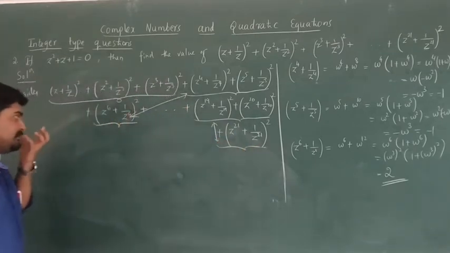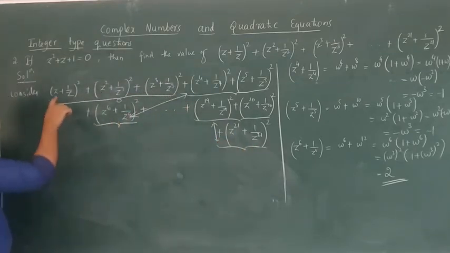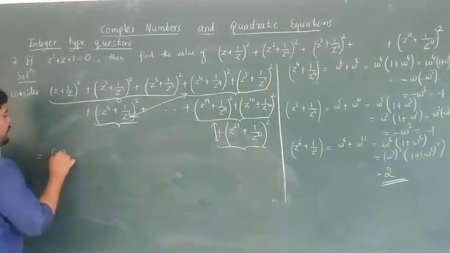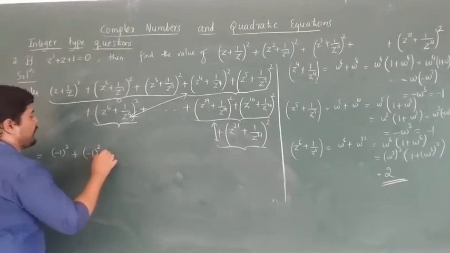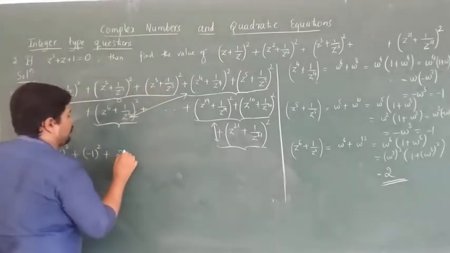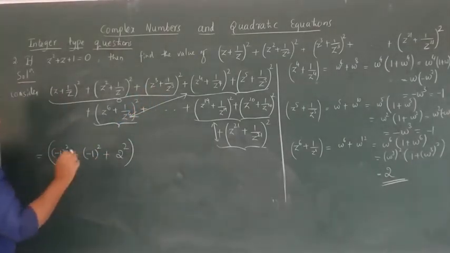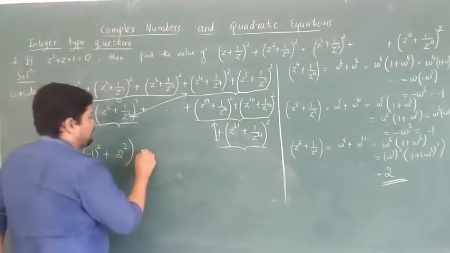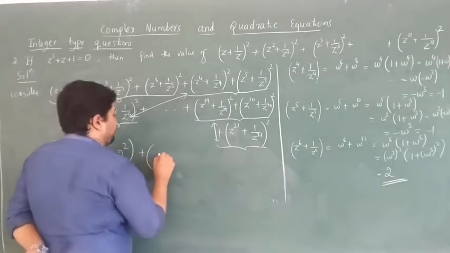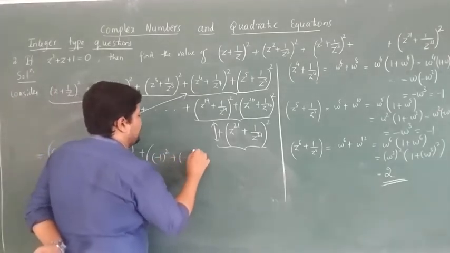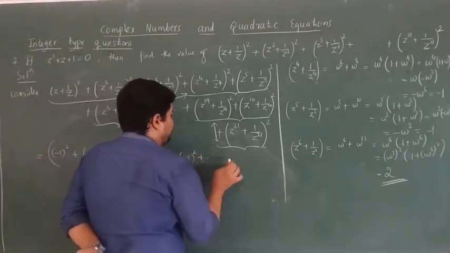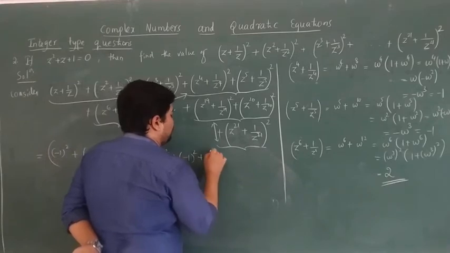Now here we know that the value of this one is minus 1 square, plus its value is minus 1 square, plus its value 2 square. Plus here for this term we got the value minus 1 square plus minus 1 square plus, and here we got the value 2 square for this particular term.